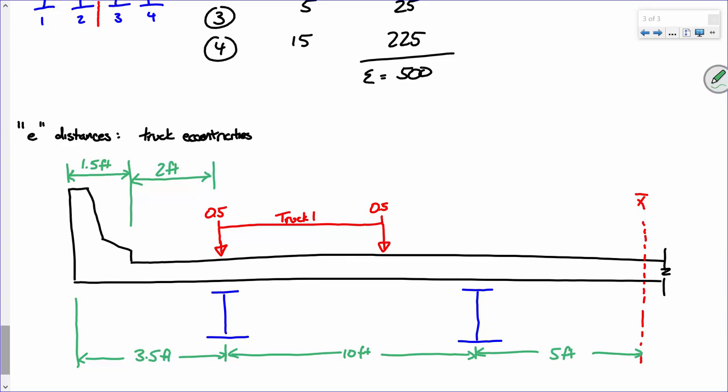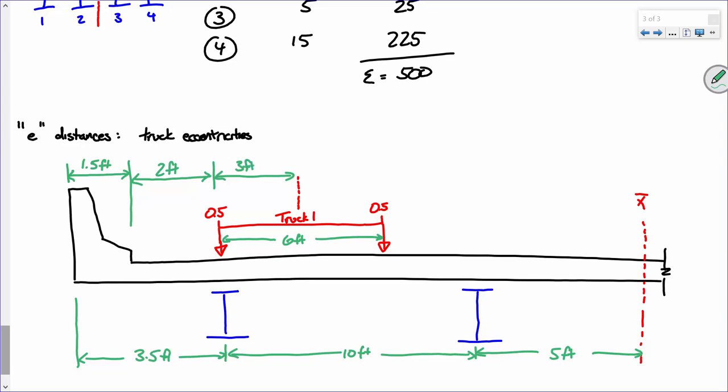And this dimension here is the width of the truck, so this is 6 feet. That's how wide the truck is. Would you believe me if I said that the centroid of that truck is about right here? Somewhere about like that. So what is this dimension? 3 feet. So far, so good?